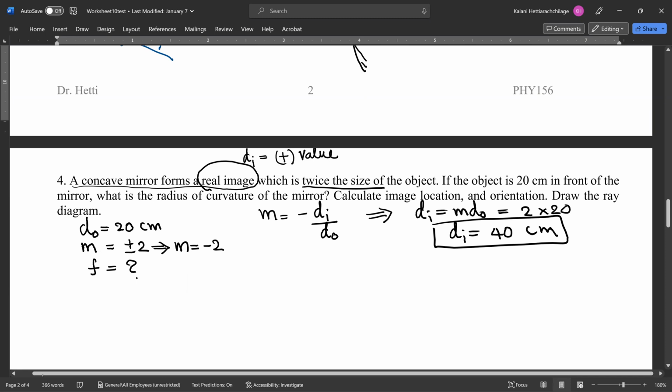Image location. And now I need to find the radius first. To do that, I need to find the focal point first. 1 over DI plus 1 over D naught equals 1 over F. And 1 over 40 plus 1 over 20 equals 1 over F. And you're going to calculate F from this.